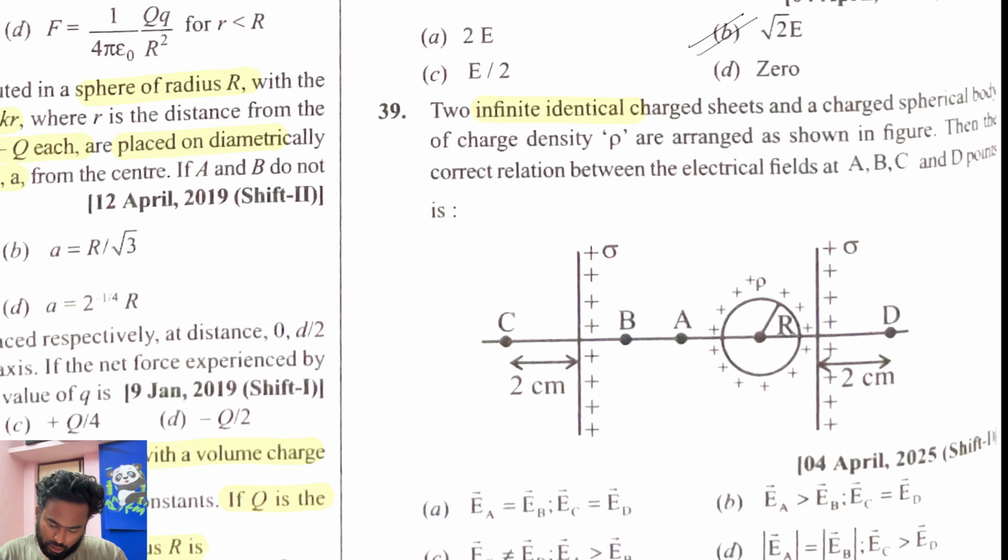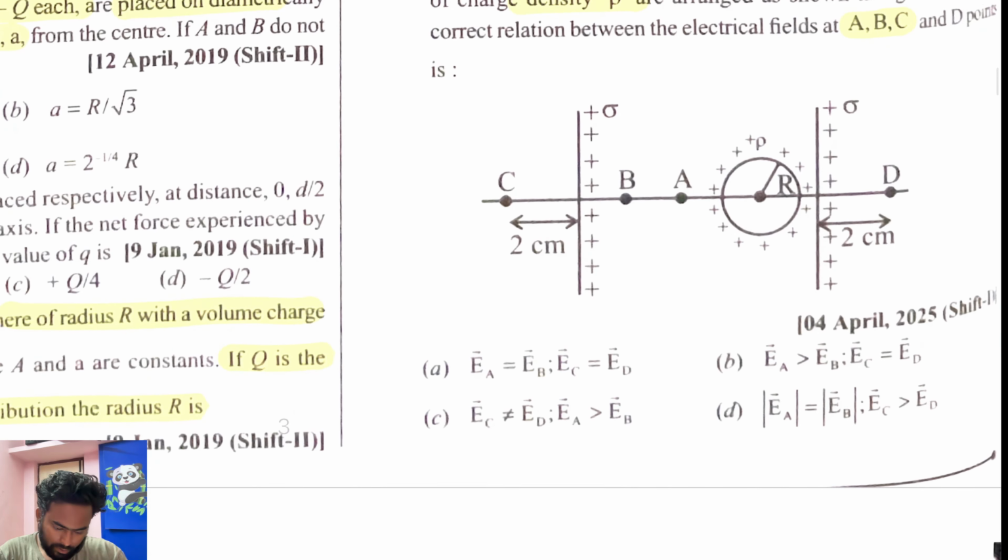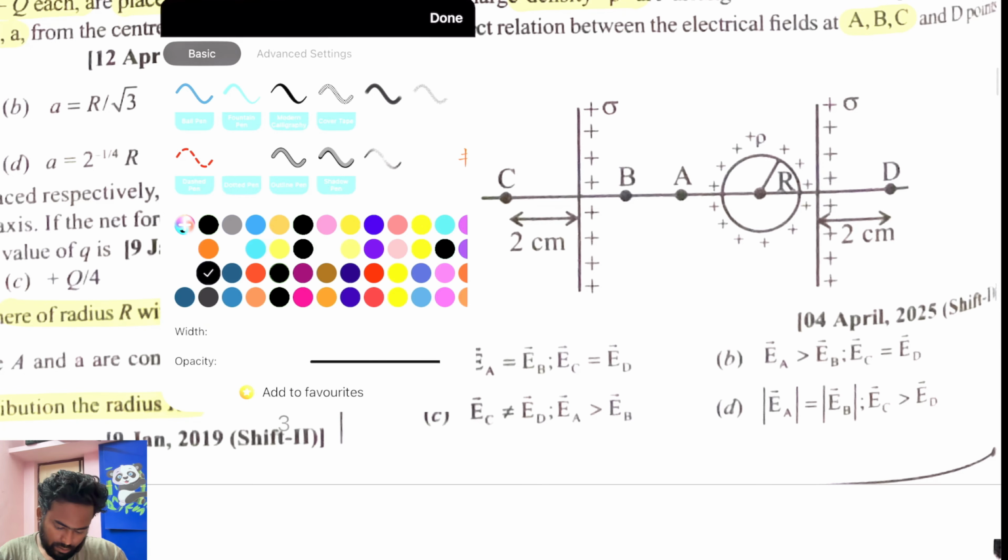Infinite identical charge sheets and a charged spherical body of density rho are arranged. What is the correct relation between the electric fields at points A, B, C and D? Okay, so let's see this question.